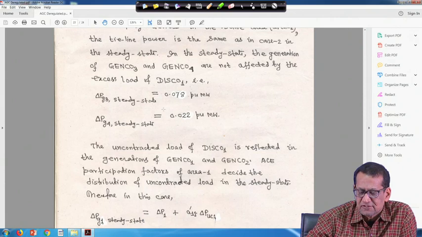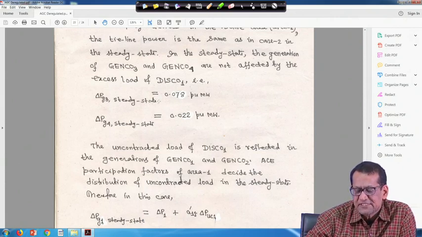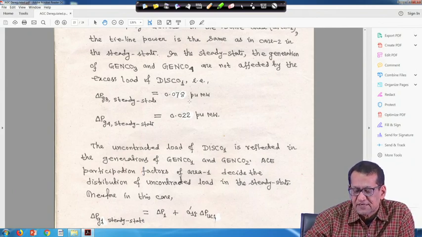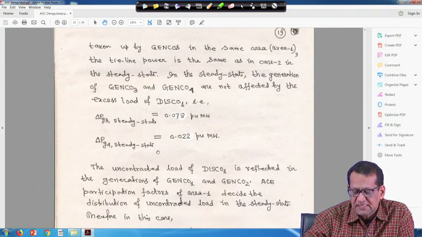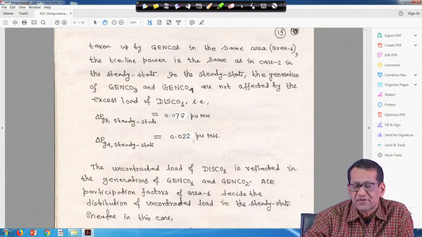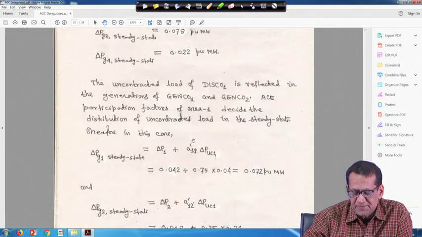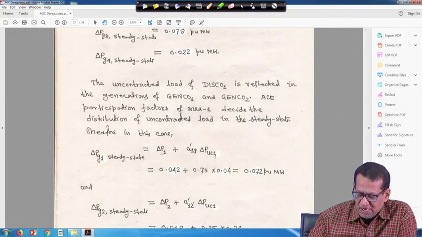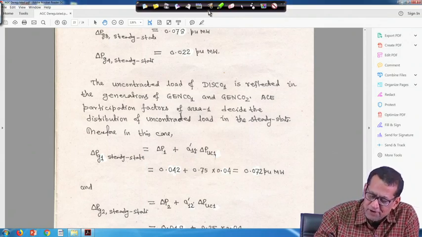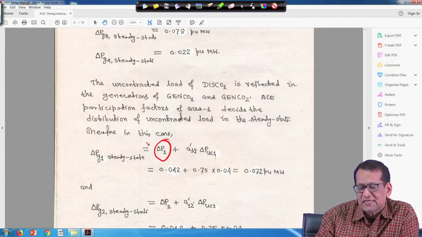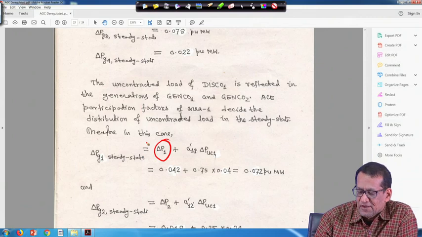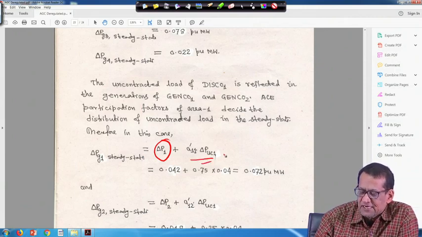And I told you also that delta Pg3 at steady state will be 0.078, and delta Pg4 at steady state will be 0.022, the same as before. But delta Pg1, I told you, will be the contracted demand, that was delta P1, and the simulation I also showed you, plus A11 into delta PUC1.